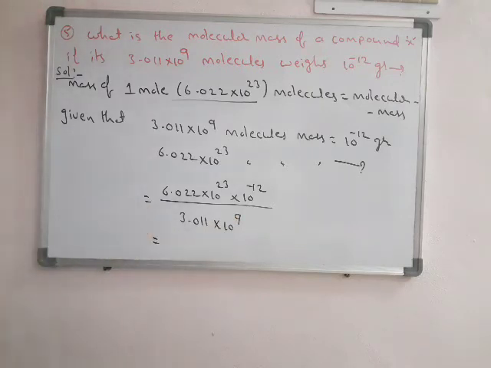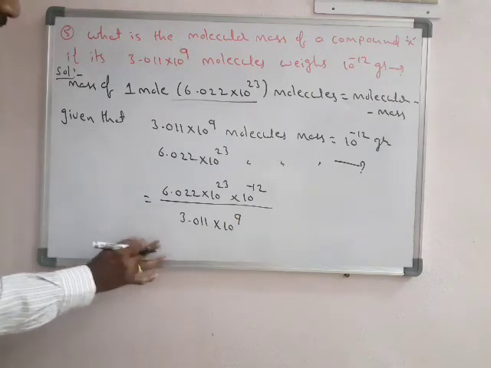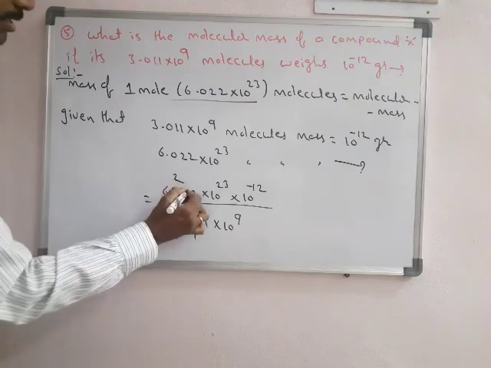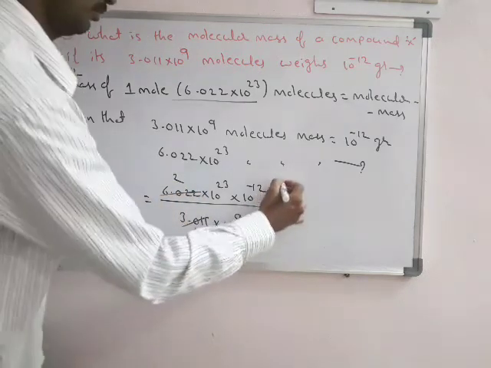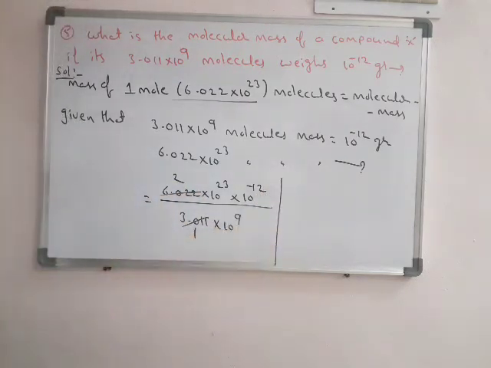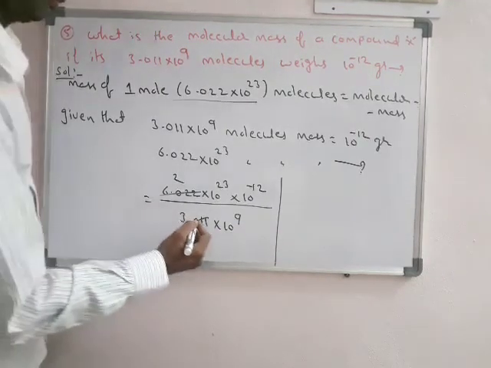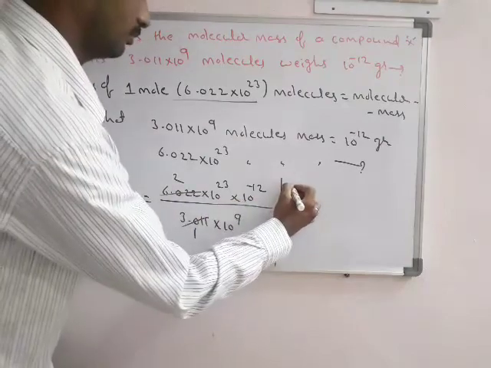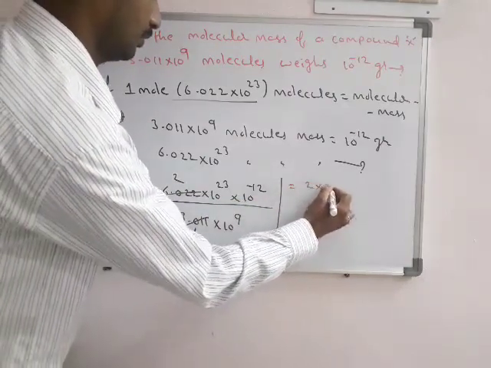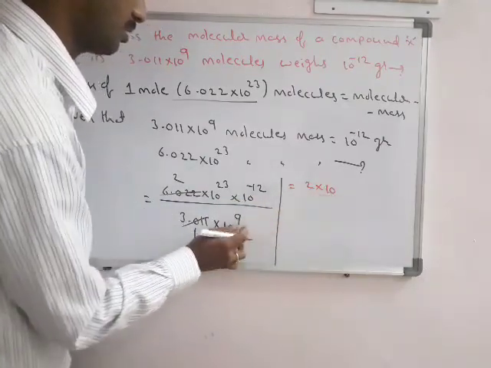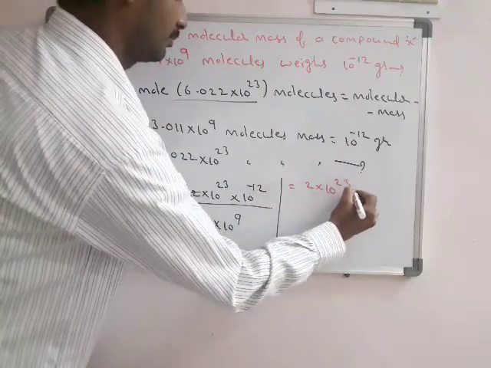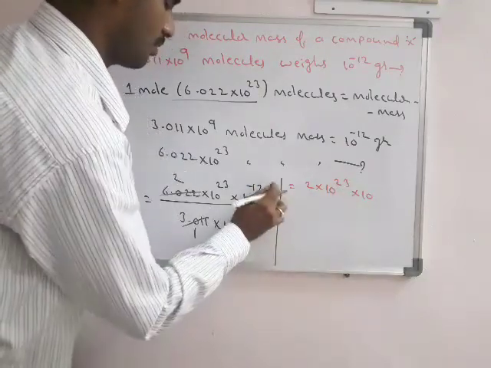So finally we get, approximately, with this calculation, 10 power 23 minus 12 comes to 10 power minus 21.